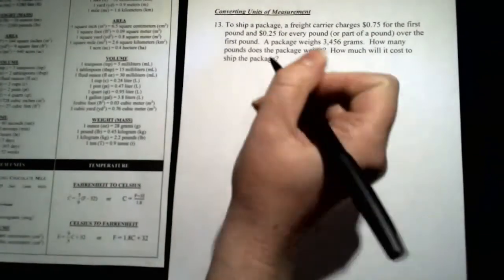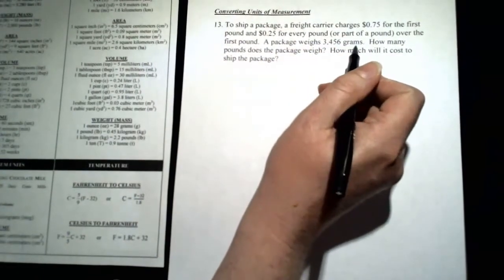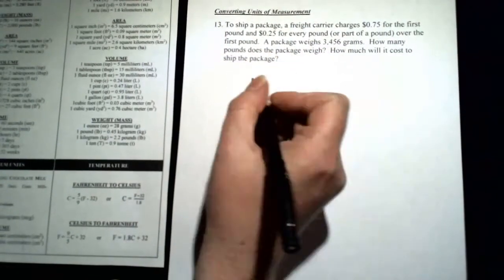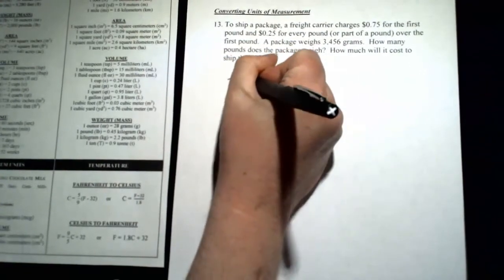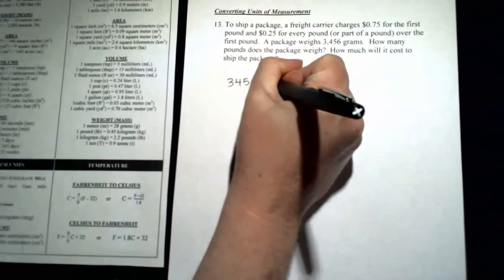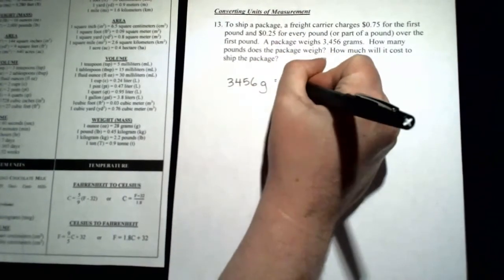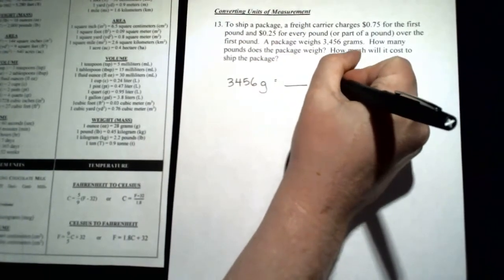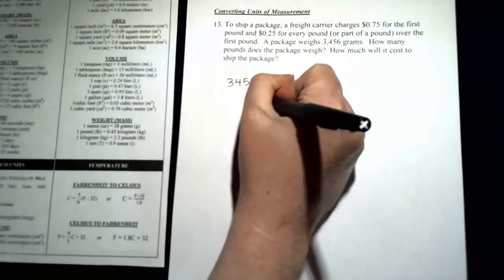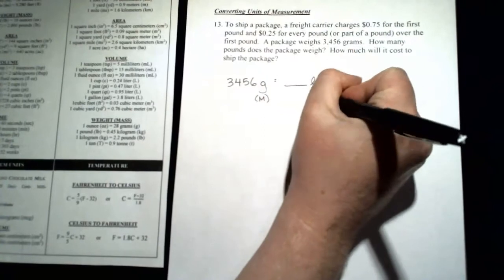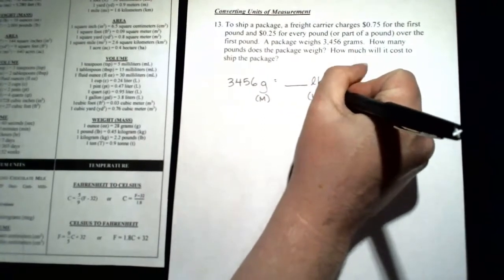So first, we need to change our weight to the pounds that they're asking for. We're starting with 3,456 grams, and they want it changed to pounds. So grams is metric, pounds is US.